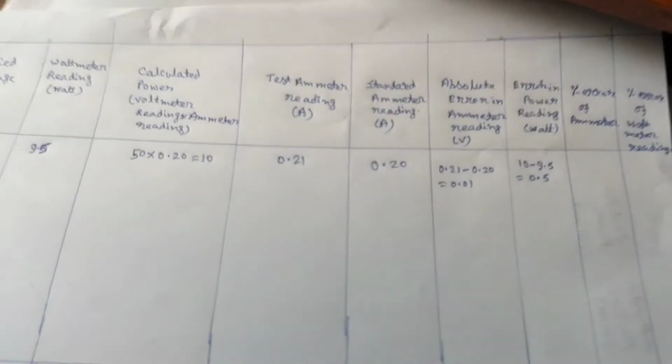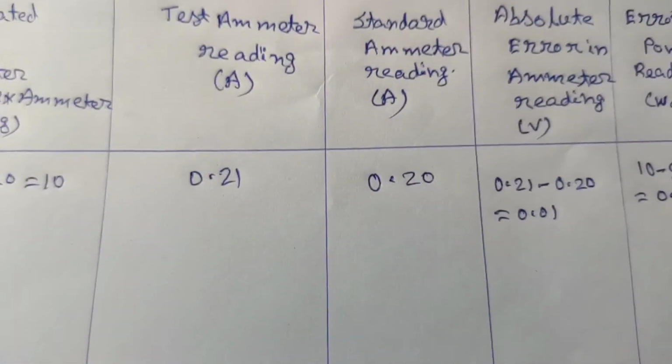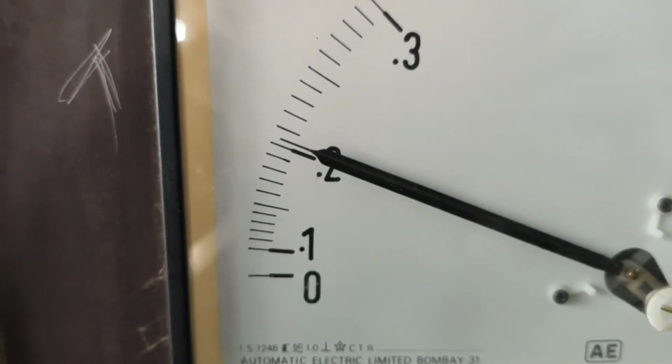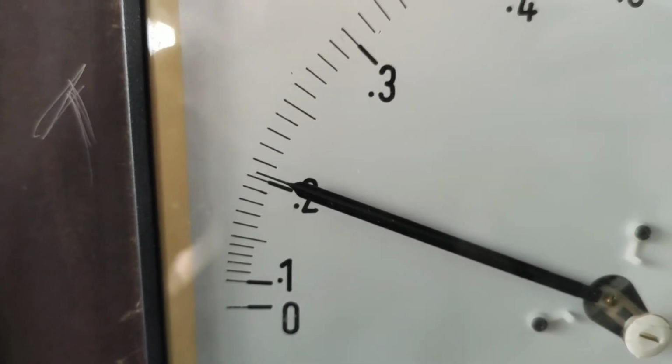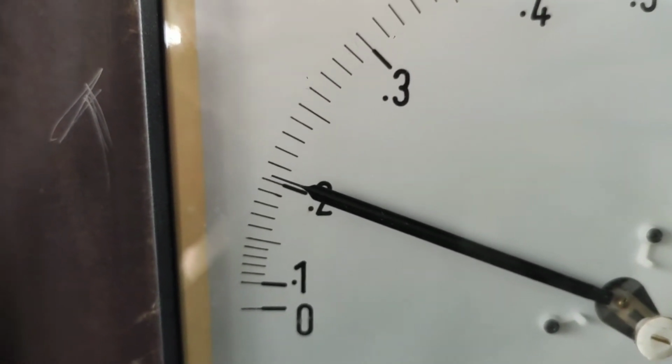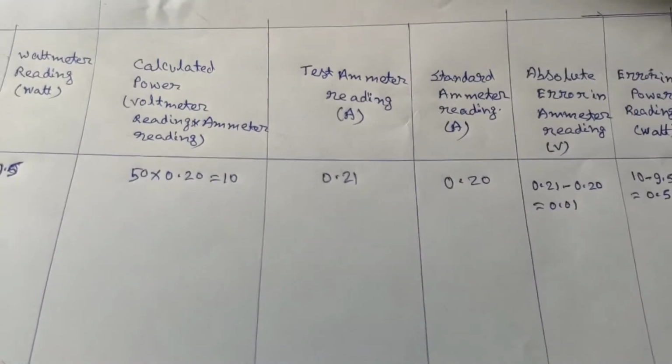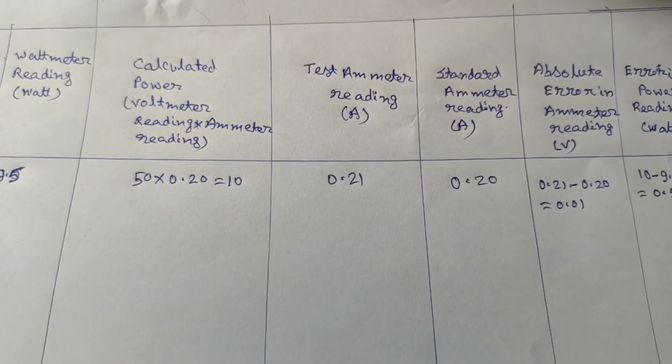So here we have written the standard ammeter reading is 0.2. Okay, test ammeter reading, you can see, is not 0.2 but slightly more than 0.2. That is why here we have taken the value as 0.21.